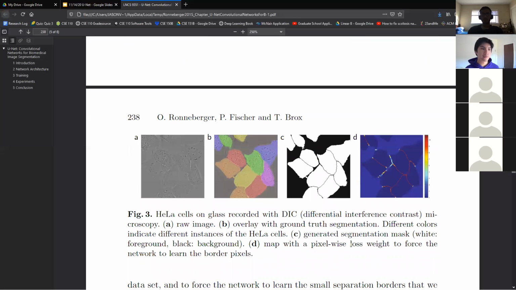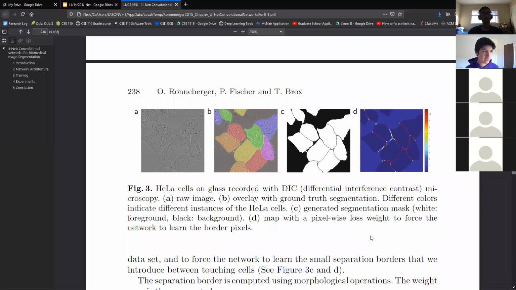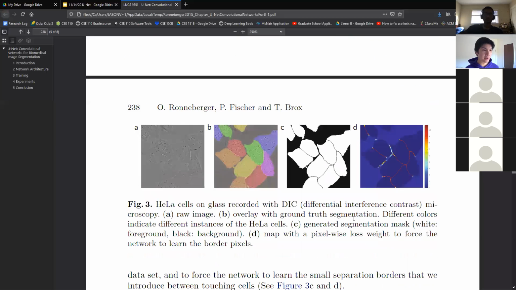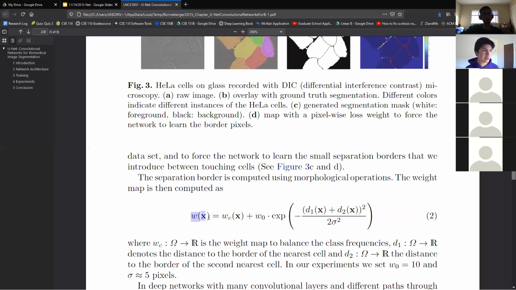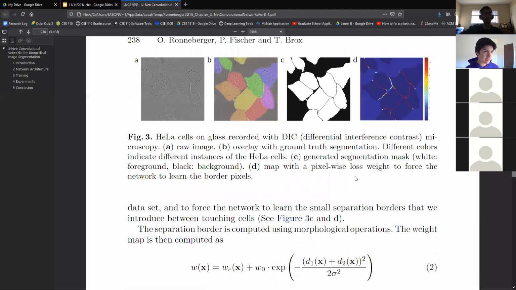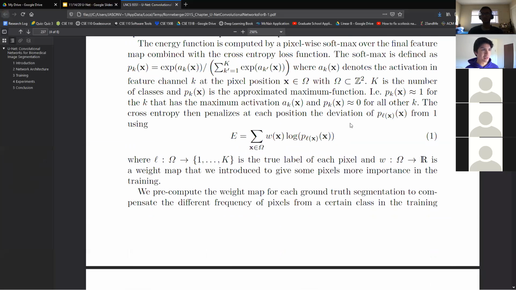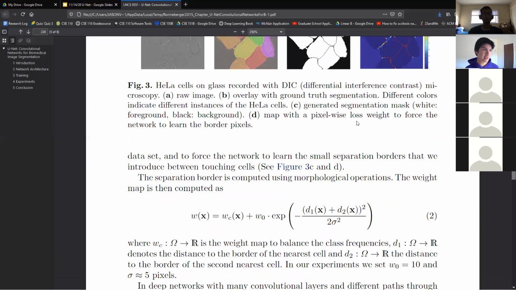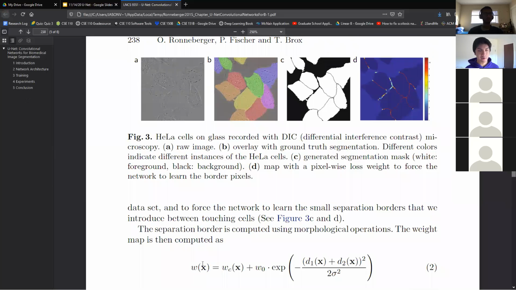Since it says pixel-wise loss weight, you might be right. It's probably just the W and not the log part. If it was a pixel-wise weighted loss, then it would probably be this part. But because it's loss weight, it's just the weight part. Thank you. No problem.